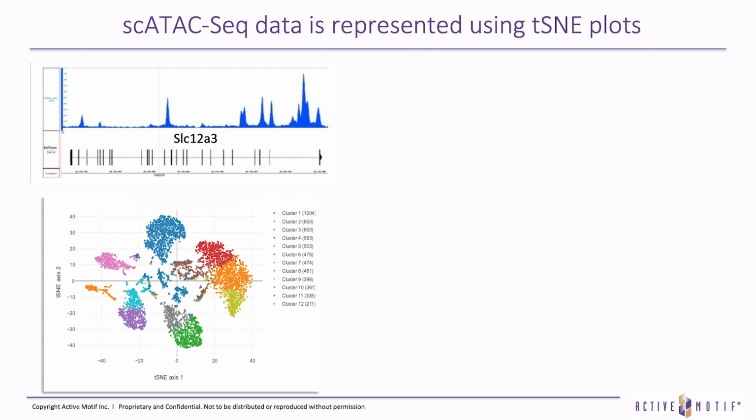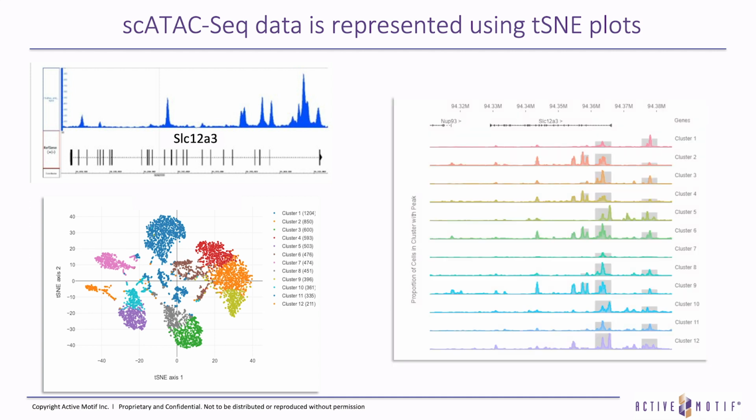In these plots, each color corresponds to a group of nuclei that all contain the same open chromatin profile. The t-SNE plots or the UMAP plots, because the data composition of single cell is highly dimensional, allow for a clear representation of each of the different cell clusters or clusters of nuclei that can be identified.